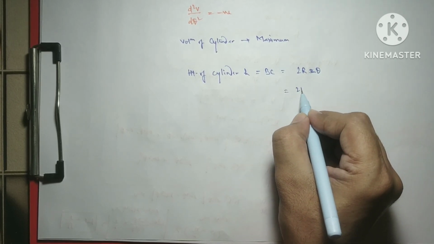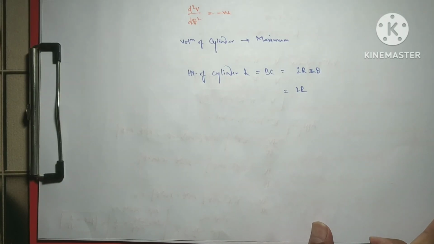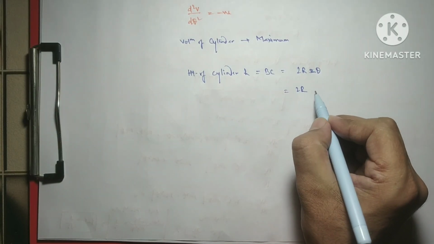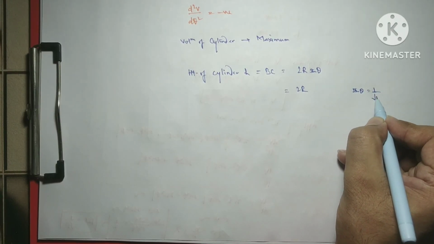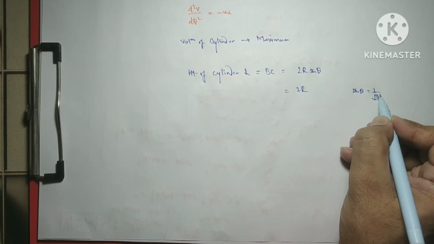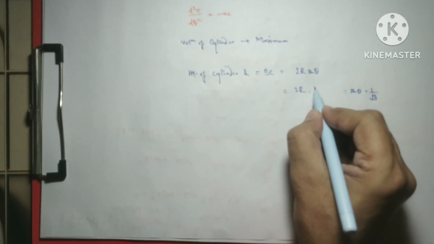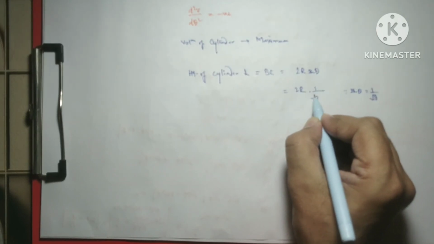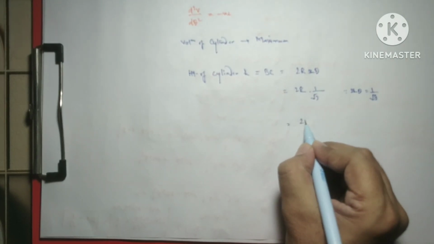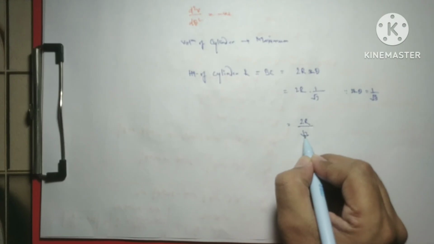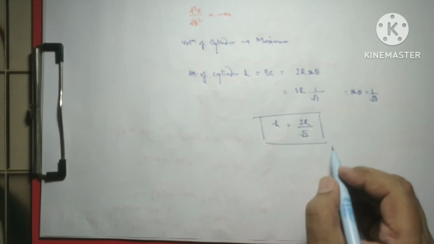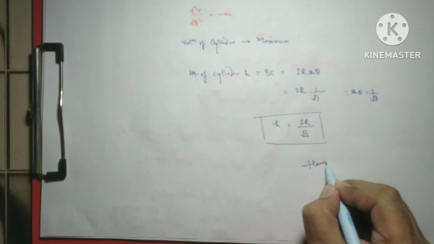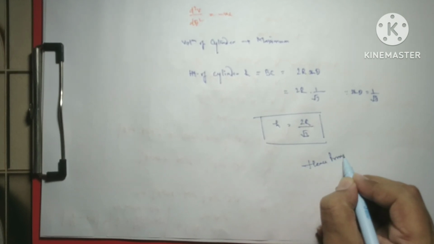So it is 2r and sine theta is 1 over root 3. So we get 2r over root 3 as the height of the cylinder. Hence proved.